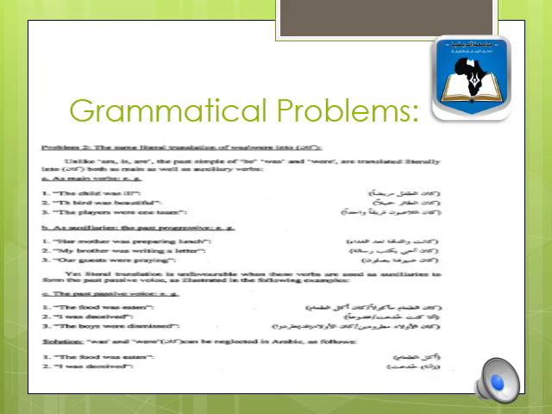are used as auxiliaries to form the past passive voice, as illustrated in the following examples. So here is where the problems come up, when we structure these sorts of verbs into the passive. For the past passive voice: "The food was eaten," "كان الطعام مأكولا."